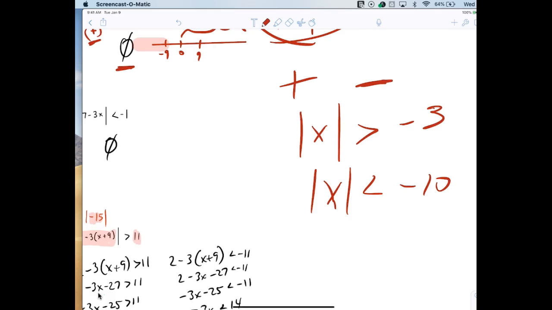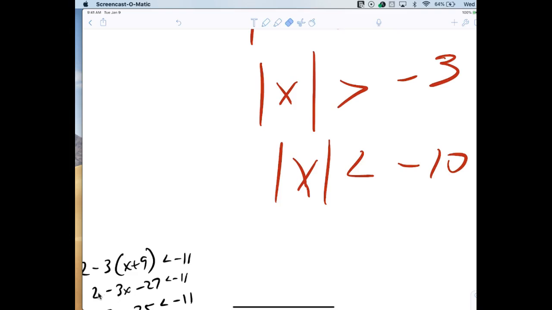You can't. Because what I'm trying to get you to understand is this right here is always a what? You want to say a positive is less than a negative. Is a positive less than a negative? No, that's why it's no solution. Right? You have to understand that's what we're talking about.